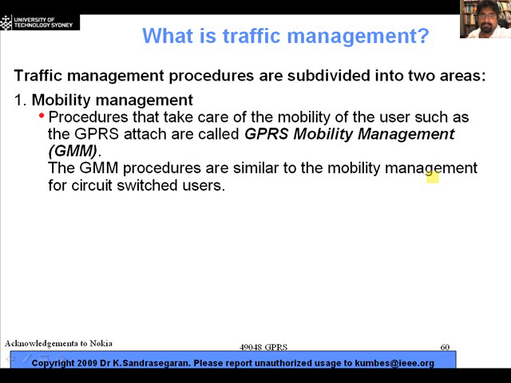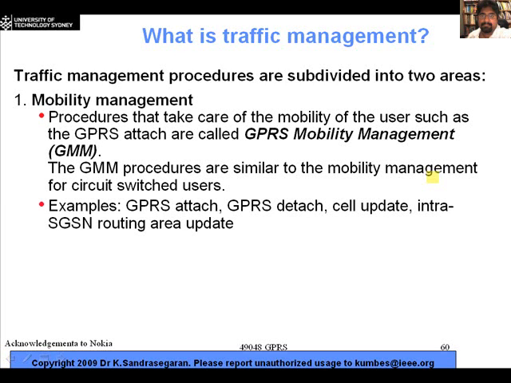It's only when you move out of the location area and move into another location area that the subscriber has to do something called a location update. Similarly in GPRS, we have something called a routing area, and when a subscriber moves from one routing area to another routing area, it has to do something called a routing area update.